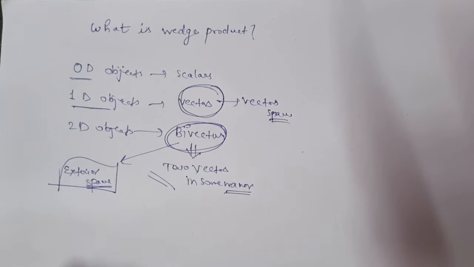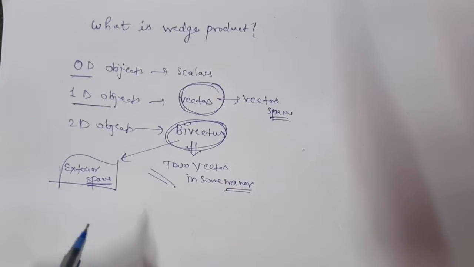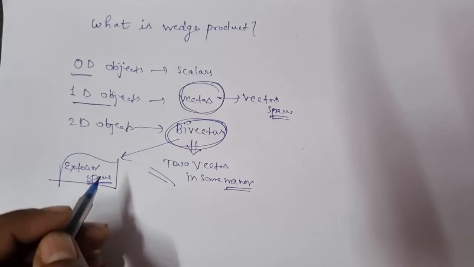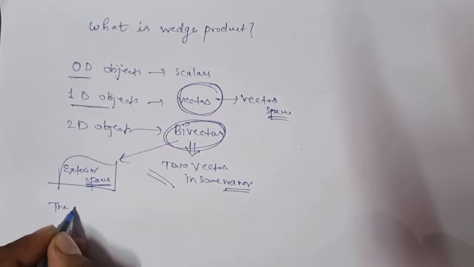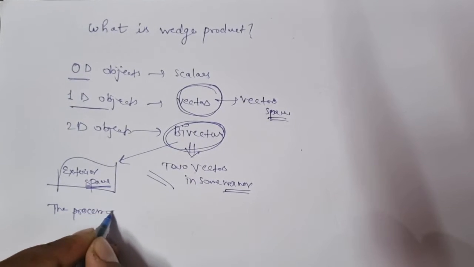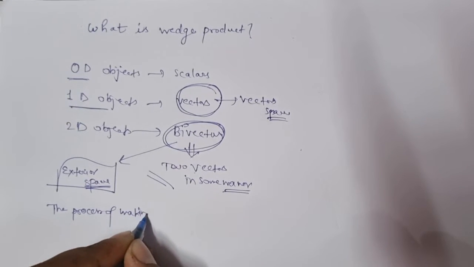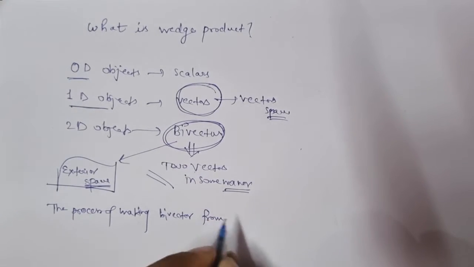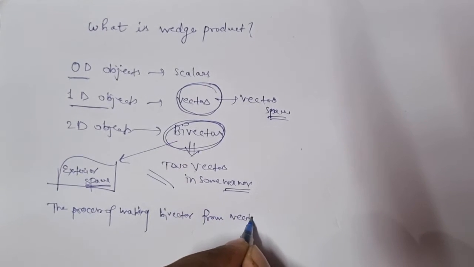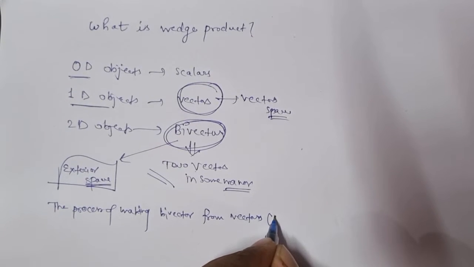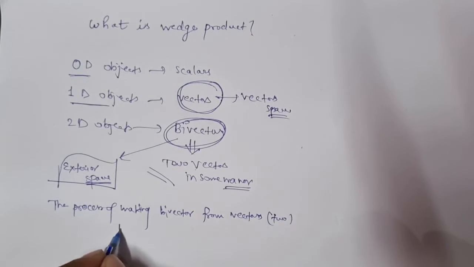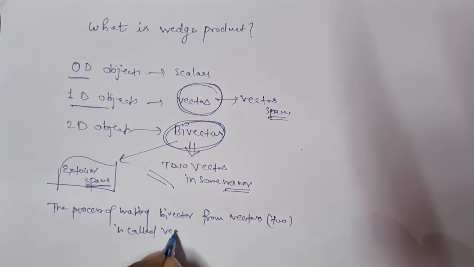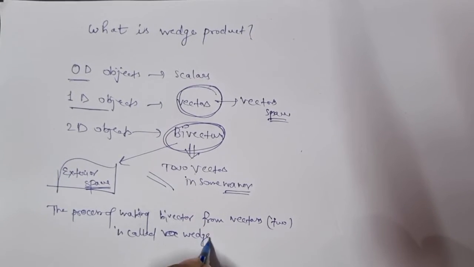The process of making a bivector from two different vectors is called wedge product.